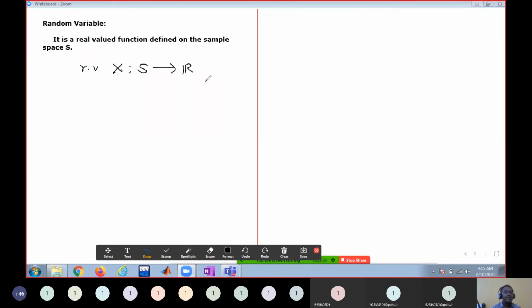Now, what are the different kinds of random variables? Basically, there are two kinds of random variables. One is called discrete random variable.